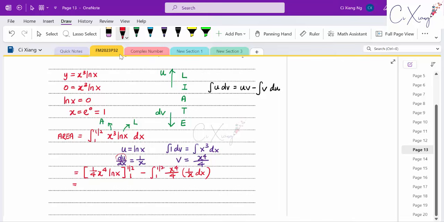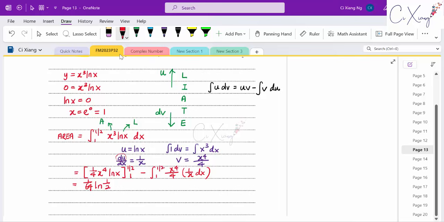Now I try to substitute in the values. I substitute the half into the x power 4, then multiply with 1 over 4, and I will have 1 over 64. Substitute ln x with the half, I'm having ln half.